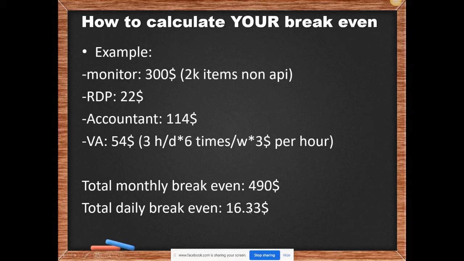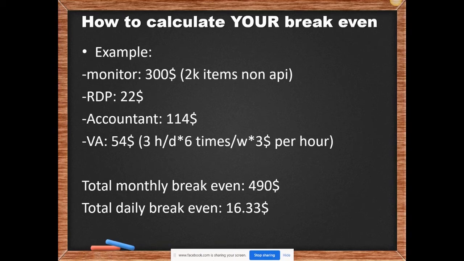So if I made yesterday, let's say it was a very weak day and I only made $20 in profit, I know that out of these $20, 17 went to break even and I only made $3 net profit.